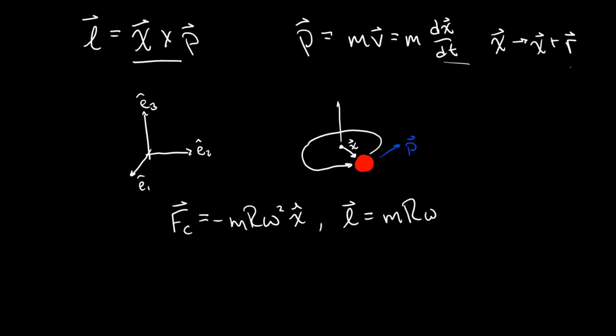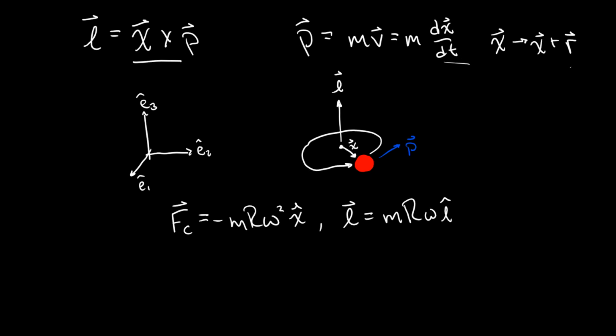And so just by quickly using the right-hand rule, our angular momentum vector in this coordinate is going to be in this direction. I'll just call this L hat, whatever direction this may be. This might not necessarily just be in the E3 direction. I'll just call it some unit vector in the correct direction.